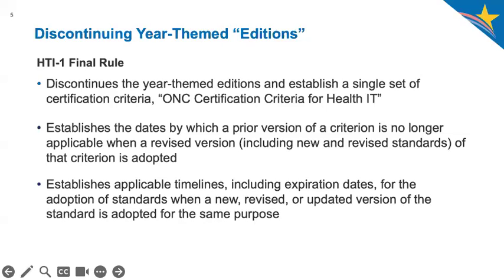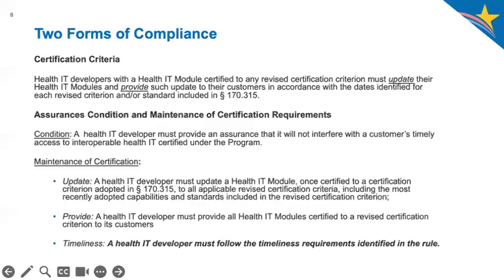And we would include dates by which the prior version of the criterion is no longer applicable when a revised version is adopted. We include in the standards the expiration dates for the adoption of when new or revised or updated versions of the standards are adopted. Next slide.